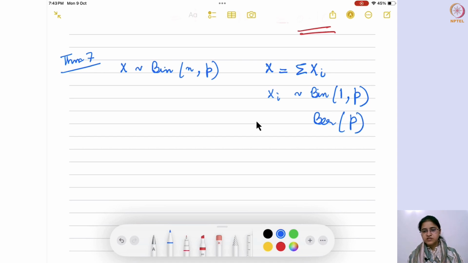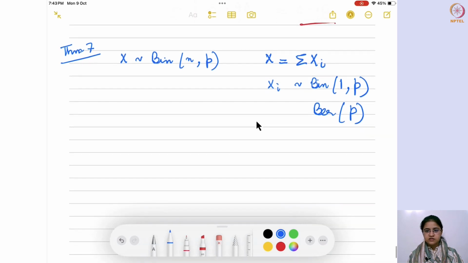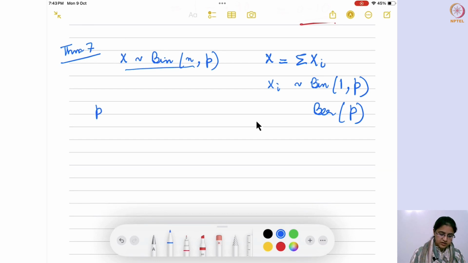If this is the case, then x would follow binomial. And in this case, what will p hat be? We have already said that p hat is x by n. Now instead of x, we can write the summation of the xi's divided by n.